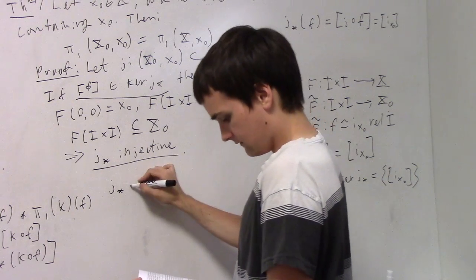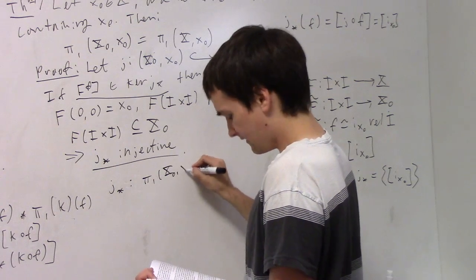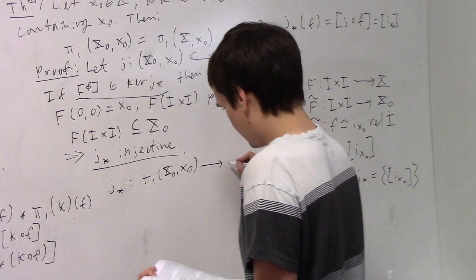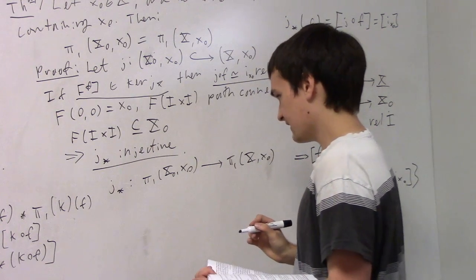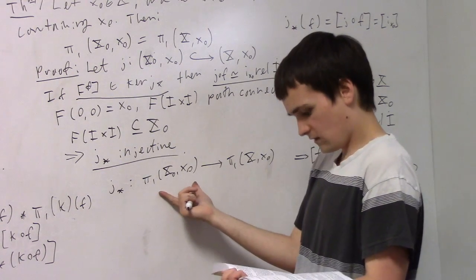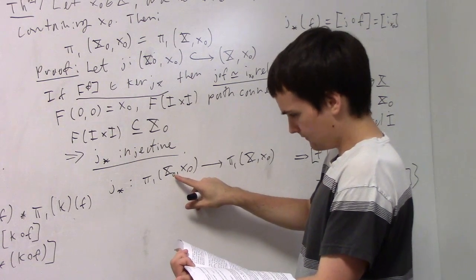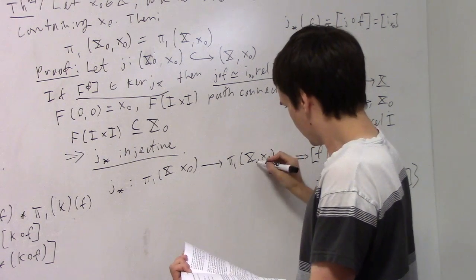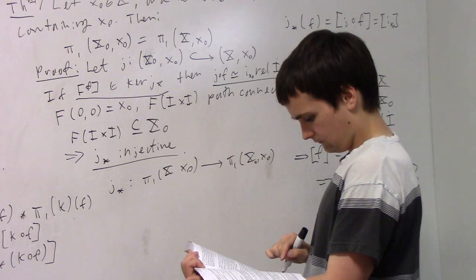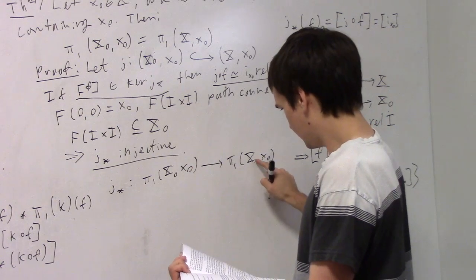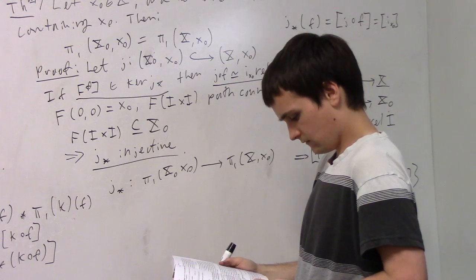J star is a map from pi 1 of big X naught to pi 1 of X. So, no, wait, I think that should be the other way around? I don't think so. Yeah, this is the inclusion.